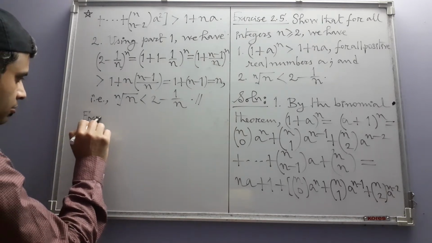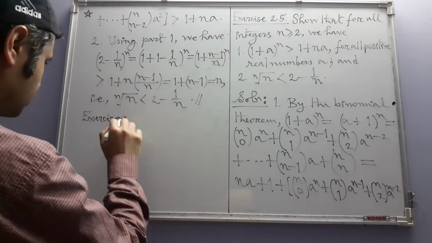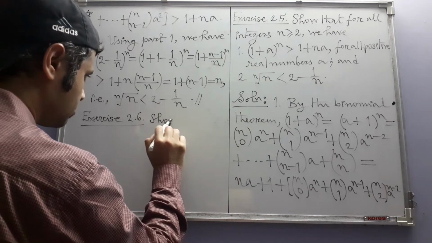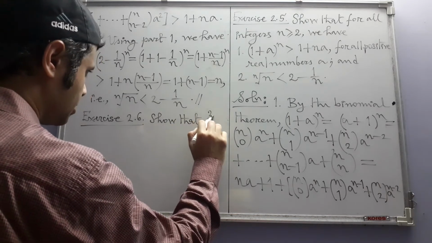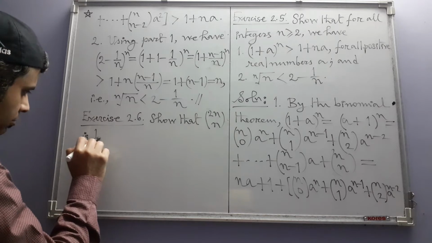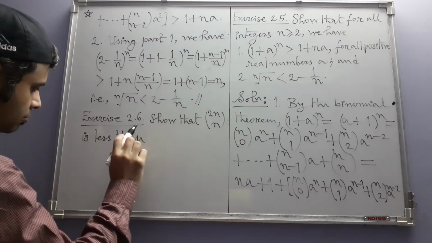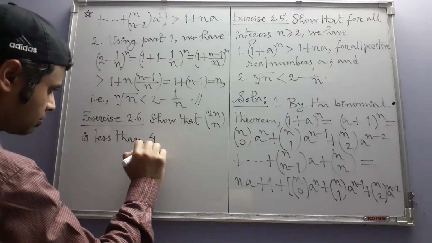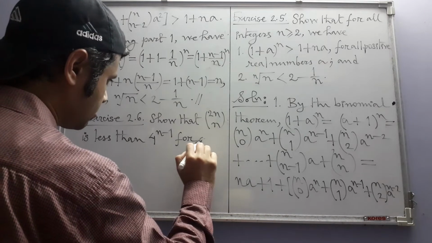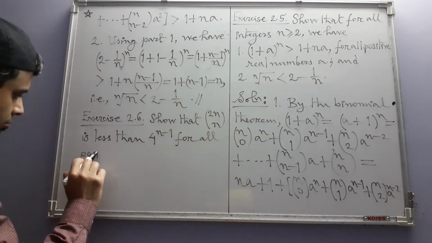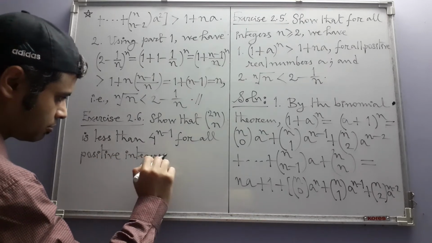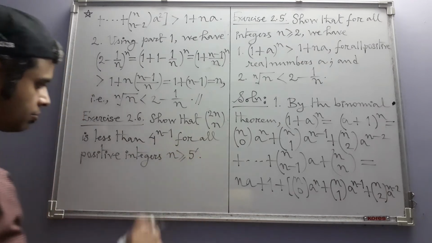Next, exercise 6. Show that the binomial coefficient 2n choose n is less than 4 to the power n minus 1 for all positive integers n greater than or equal to 5.